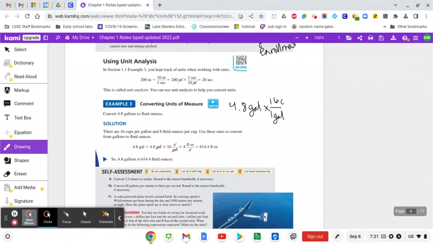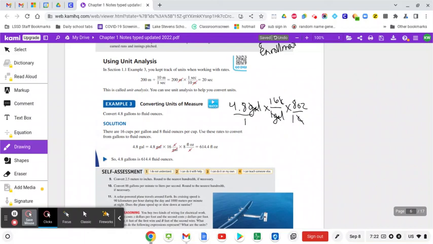And now I chose to do that because then when I'm multiplying, these two are going to cancel each other out. Those labels will be able to cancel each other out. Technically, this is over 1. But that only takes me to cups. I'm trying to figure out ounces. So then I know that there are 8 ounces for every 1 cup. So now the gallons and the gallons cancel out, the cups and the cups cancel each other out, and the only label I'm left with is ounces, which is what I'm trying to go to.